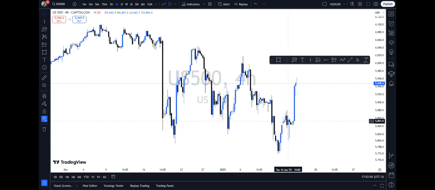Today I'll be teaching you to spot fair value gaps on our chart. Now the question is, what are fair value gaps? Fair value gaps are inefficiencies that happen in price.